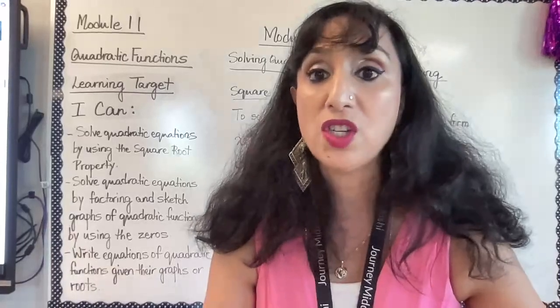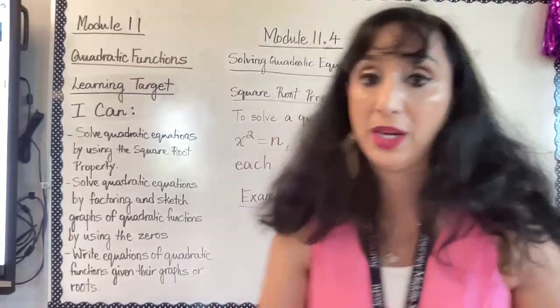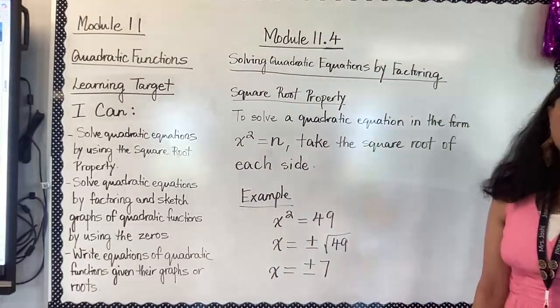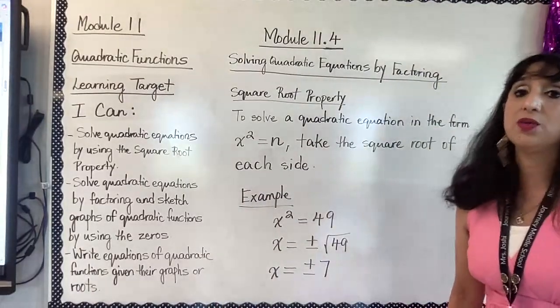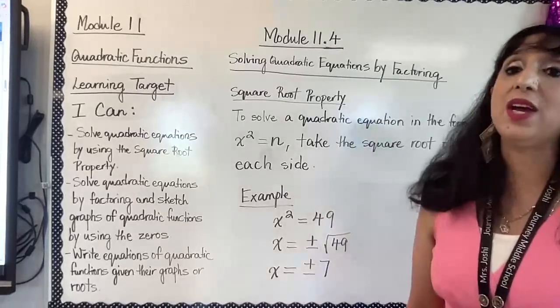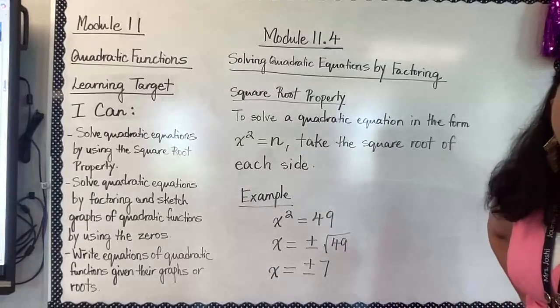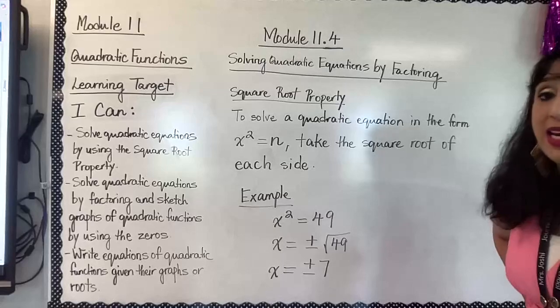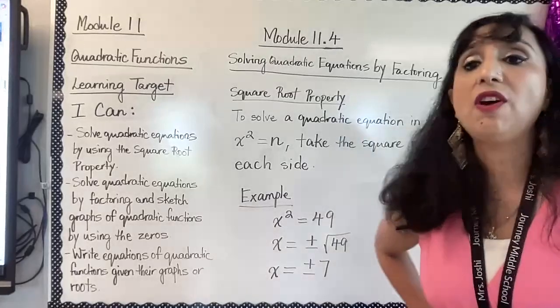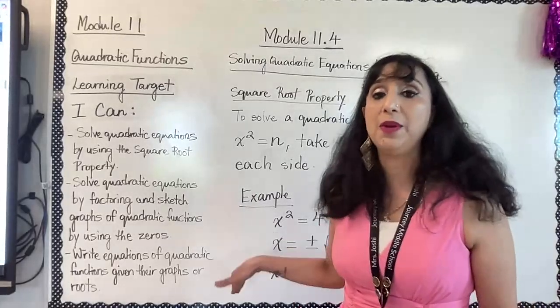So let's quickly first talk about the square root property, okay? To solve a quadratic equation in the form of x squared is equal to n, we take the square root of each side. So I put an example over here.